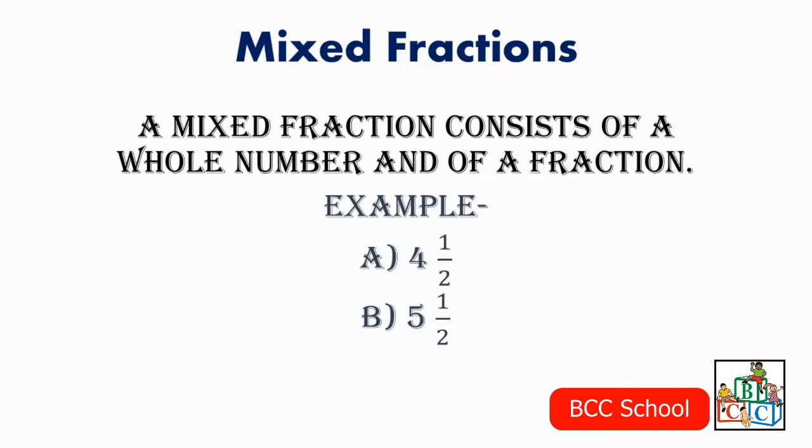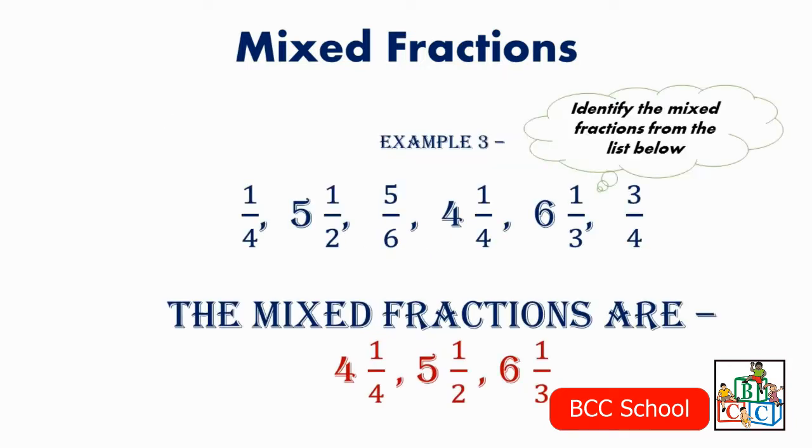We have one whole number and one fraction. 4 is the whole number and half is the fraction. Let us look at example number 2. 5 is the whole number and half is the fraction. Look at example 3.